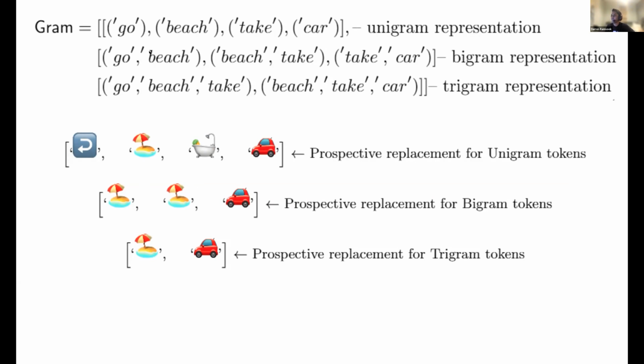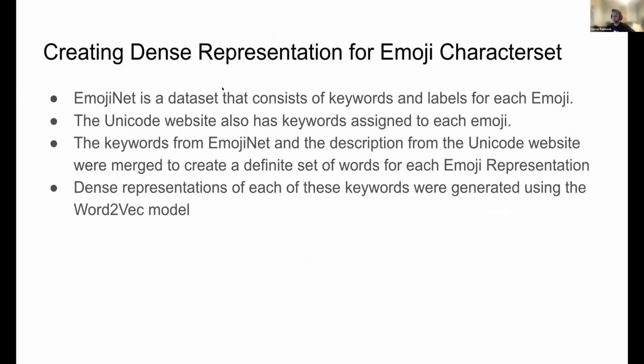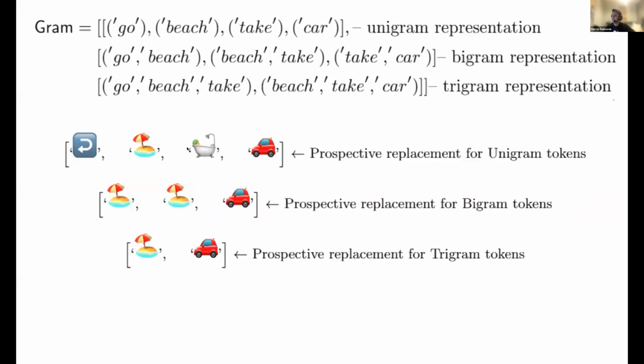So you could see that go has an arrow, beach has a speech, take, oops, has a bathtub, I don't know why, car has this car. So go beach, beach take car has a car, and so on, so forth.